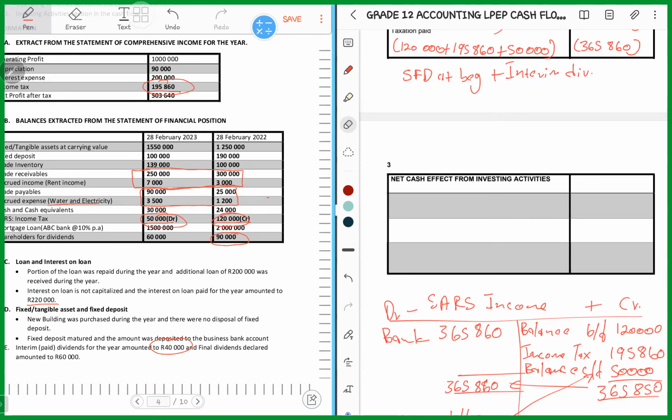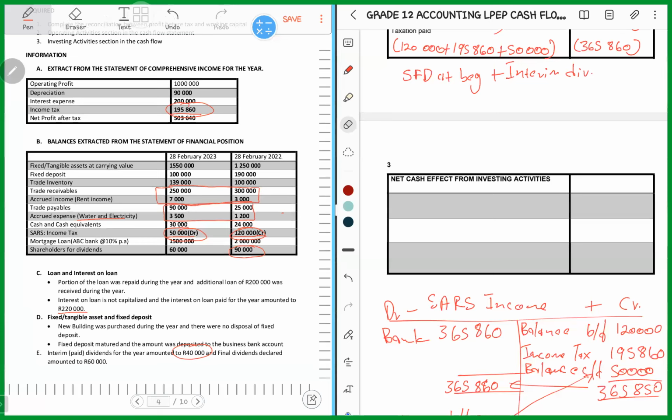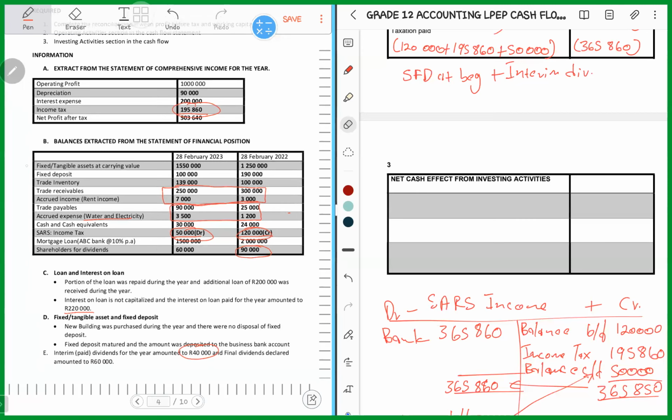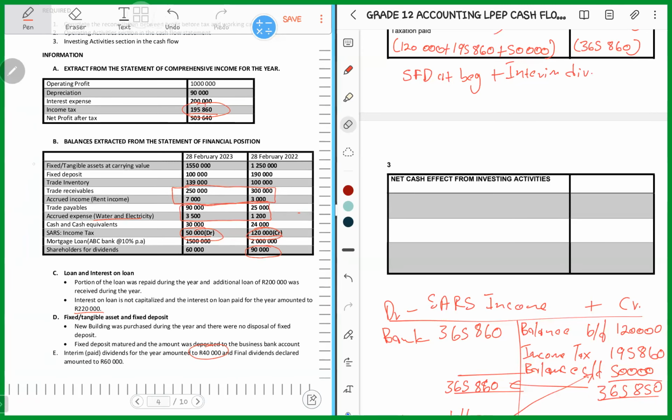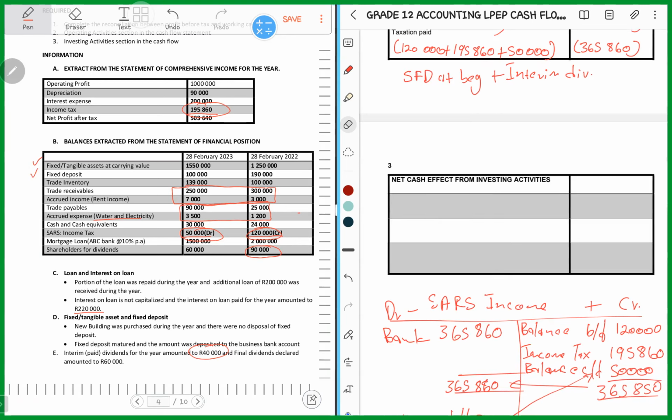So here, under the investing activities, we're going to focus on two things: the movement of the fixed or tangible assets, and also the movement of our fixed deposits.